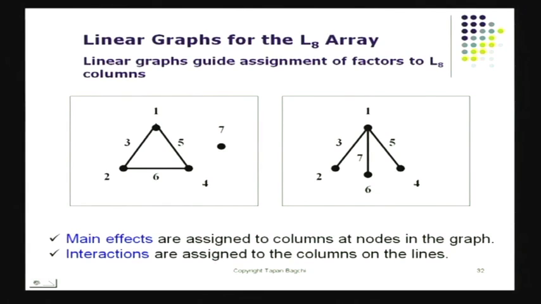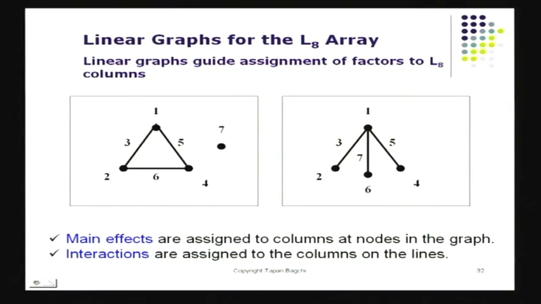The arcs and nodes both specify the mark of the column. So there is one node that is specifying column number 1, and another node is specifying column number 2. Then between them we've got column 3 assigned. Similarly, I've got column 4 here and column 5.